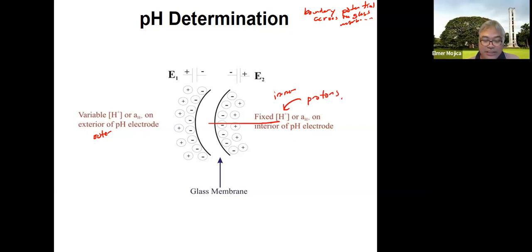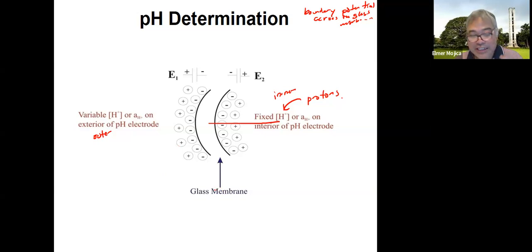Inside the membrane, it's usually constant, and the concentration outside is determined by the concentration or activity of the protons in the analyte solution. So the concentration difference produces the potential difference that we measure with a pH meter.